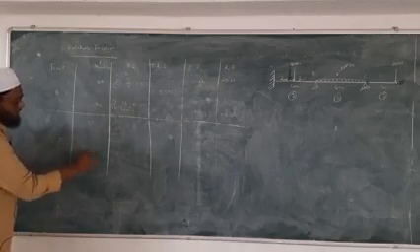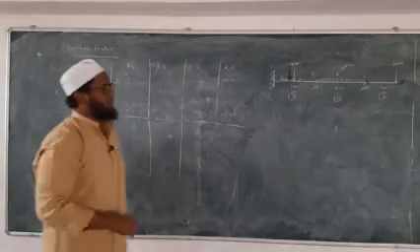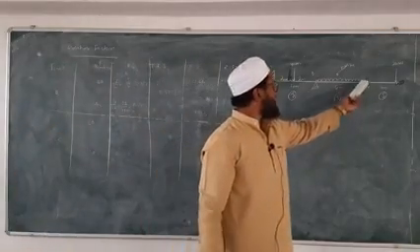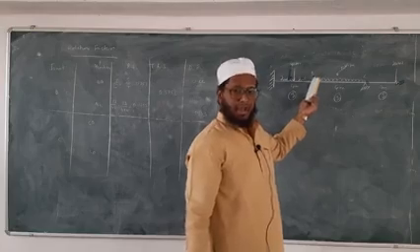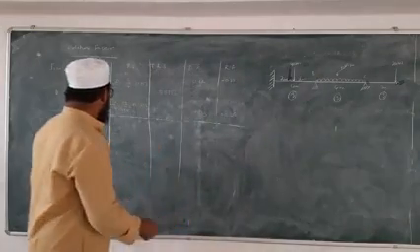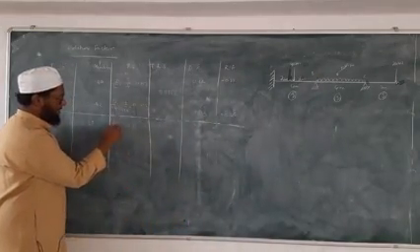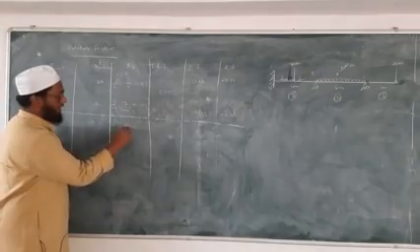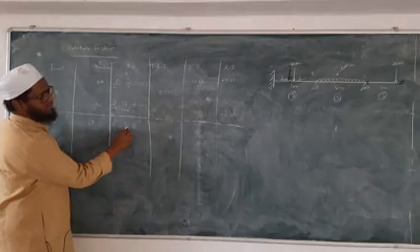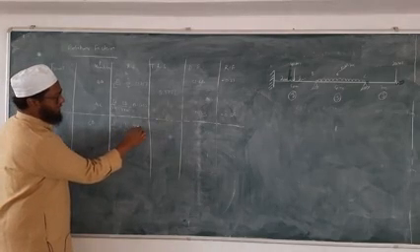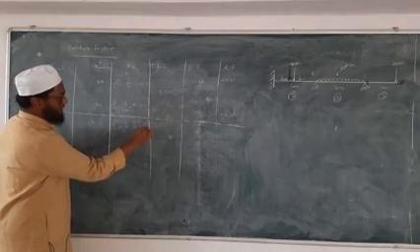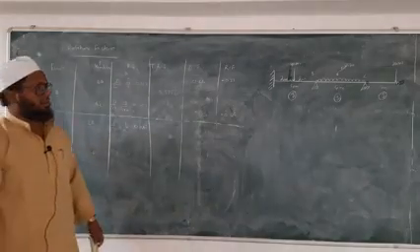Next, we'll go for joint C, CB and CD. C for span CB. CB is I by L. Very good. So it will be I by 6, right? 0.166 I. What about CD?